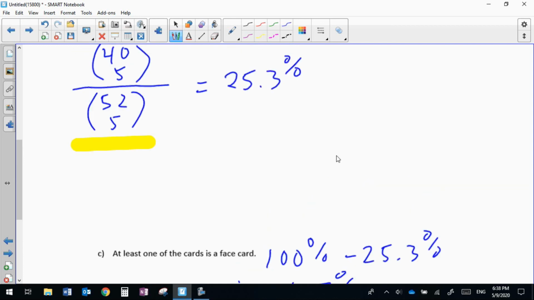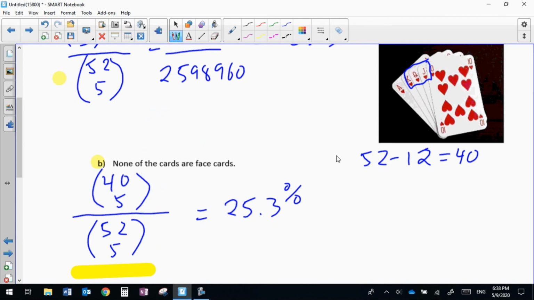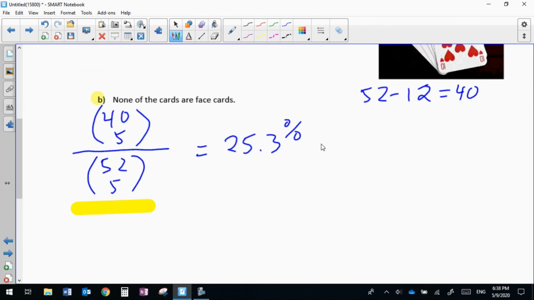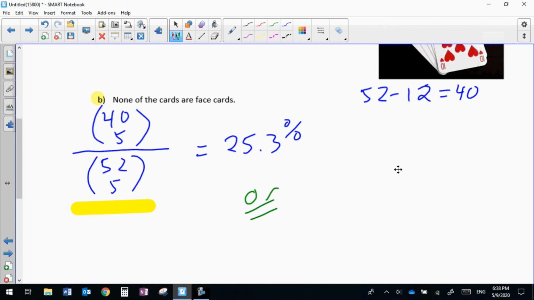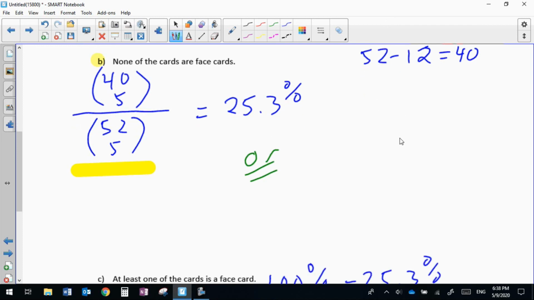Now let's go back up to none of the cards are face cards, because I want to show you that there's another way you can do this. Think about doing this example without using combinations. You could treat this as events. Although the order of the cards doesn't matter in the end, we can still think about getting each card in your hand as 5 different events.